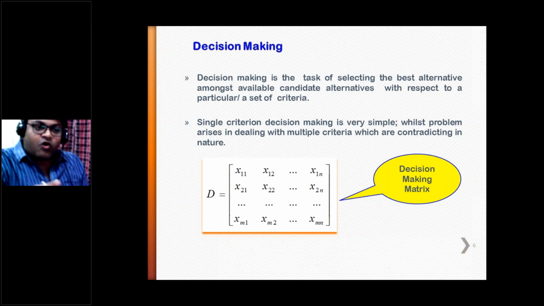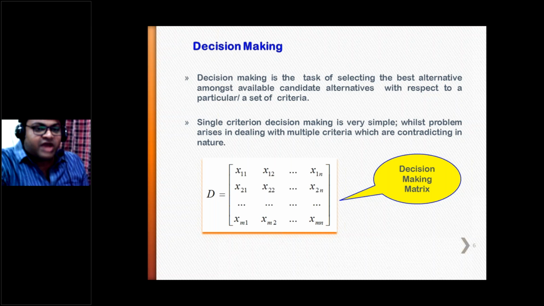So that is lower is better. So when there is criteria conflict, it is very difficult to select the best candidate, the best alternative. Okay, so there are some techniques for how to take care of that.